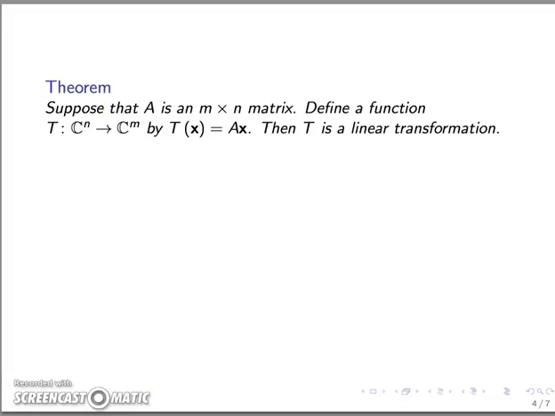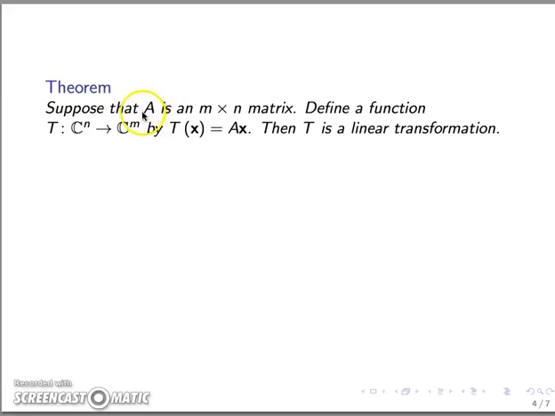In a more formal way, we say, suppose we have a rectangular matrix, and we define the matrix product A times X, where X is a vector that has as many entries as the number of columns of this rectangular matrix. This product is what we define as a transformation mapping Cn into Cm, where n is the number of columns and m denotes the number of rows of the given matrix.